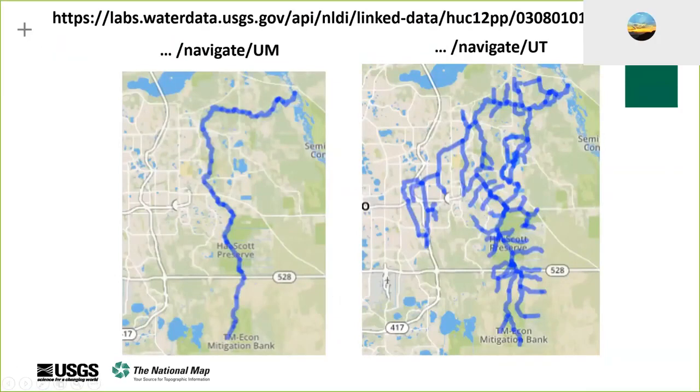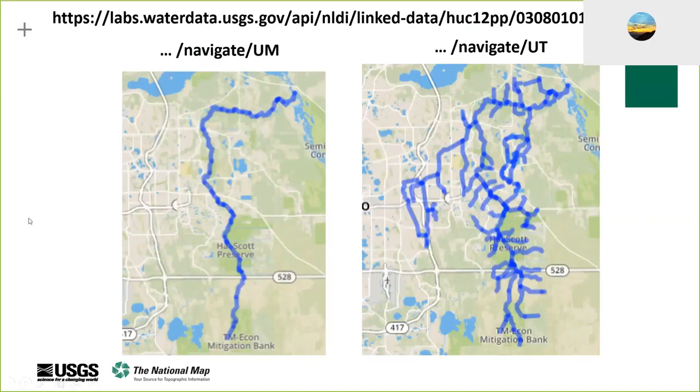I also want to show this prototype, which is a functioning prototype of the web-based services that we are trying to enable for the NHI. This is all based on NHD Plus version 2, and this is live right now.